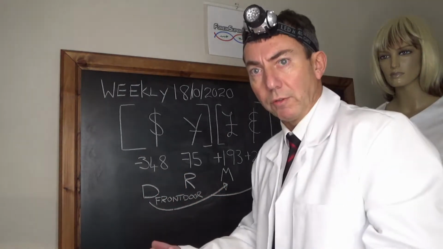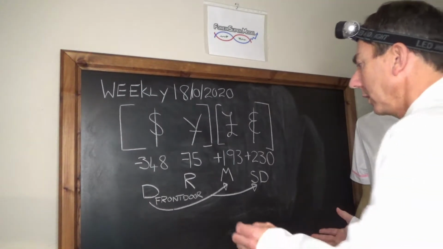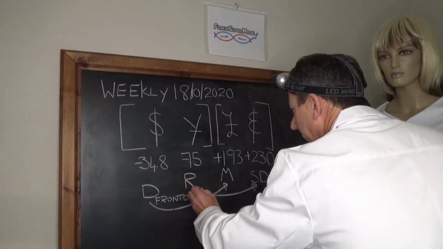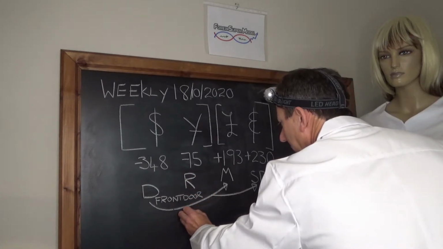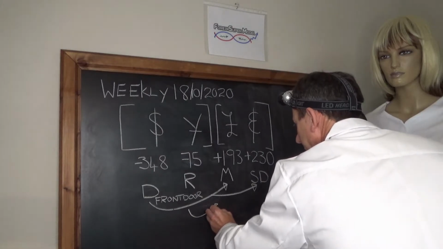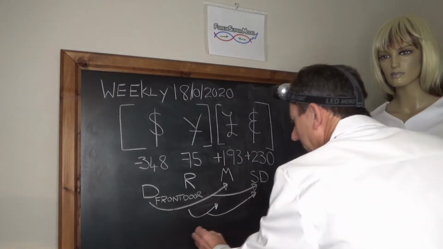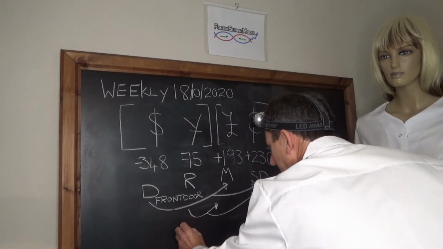Now backdoor flows come from the following. In this case, backdoor flows come from the yen. So this is backdoor flows.